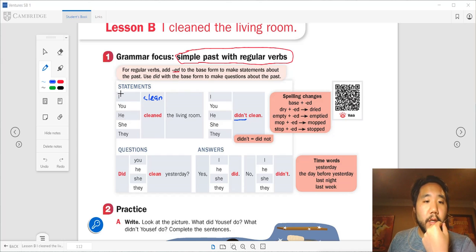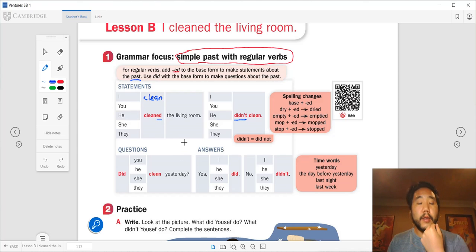But here we have I, you, he, she, they, and we can just use the same verb. There's no change depending on the subject pronoun. But the only thing we need to make sure of is that we add ed to the verb to make statements about the past.